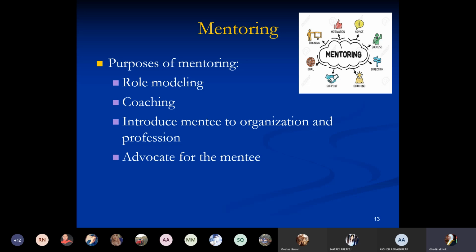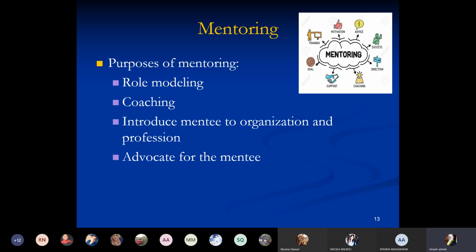This is the role of the mentor during the hospital or during the performance appraisal process. So the first thing in mentoring, the mentor should be the role model. The role model is the ideal person because he is the supervisor and he is the source of teaching for the new nurses, and so he should be ideal, ethical, and he should perform issues in an effective way.